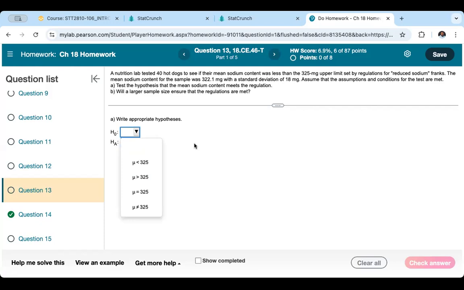What is the null hypothesis? Okay. Do you all agree with that? How about the alternative? Do you all agree with that? Why is it less than and not any other thing? Anybody to explain to us why it's less than? Yeah, so you can see from here, just like he said, they want the sodium content less than what, 325. Is that okay?